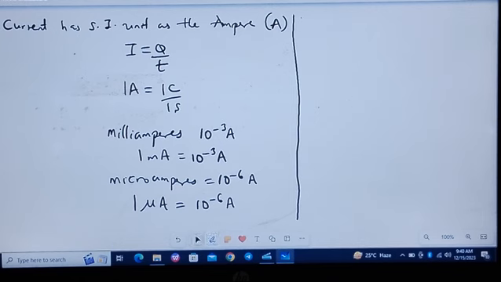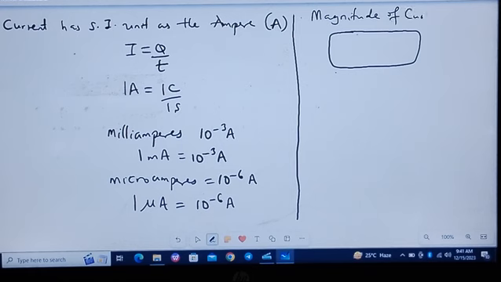So let's just use a simple figure. This is a conductor. Mind you, the topic here is magnitude of current in a conductor.